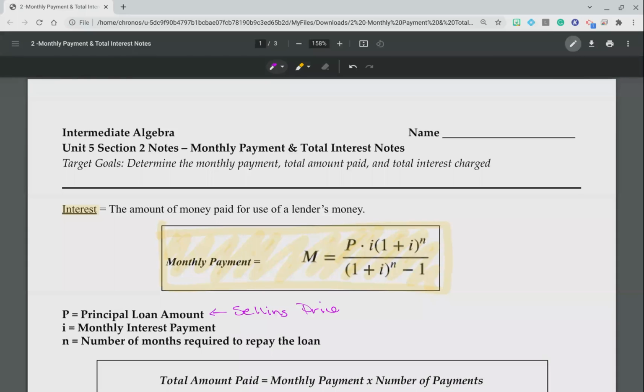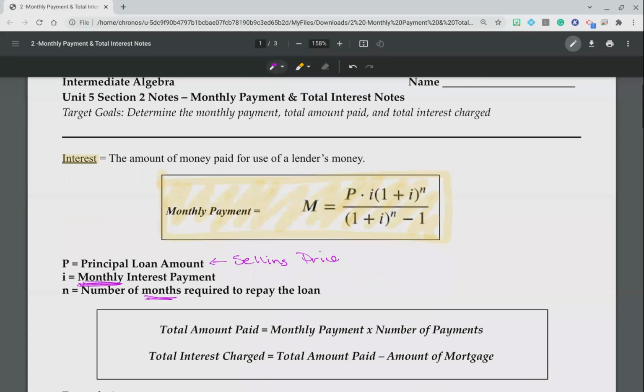The monthly interest payment is our I, and then the number of months required to repay the loan is N. A lot of times they'll give you your loan in years, how many years you have to pay it off, but just realize that you have to make sure N is in months, same as our interest. It's a monthly interest payment.